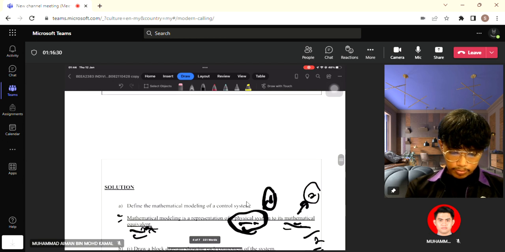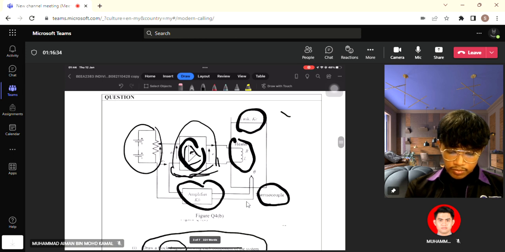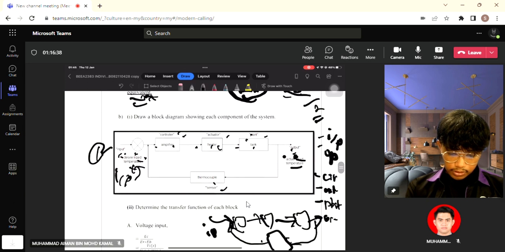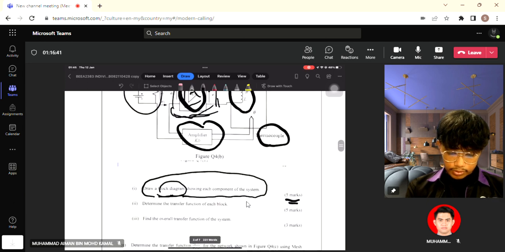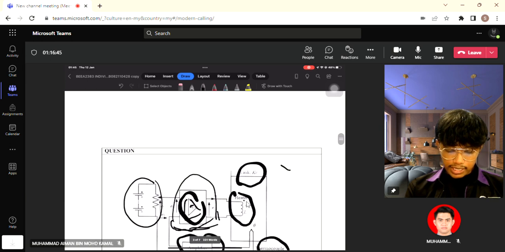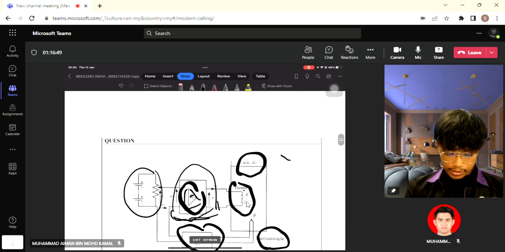The actuator was the heater. The plant was the tank, because the plant is actually the object for this experiment, so it's obviously the tank.